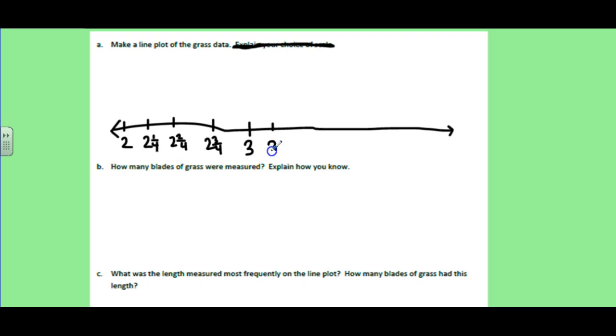Then I've got 3 1/4, 3 2/4, and then I've got 3 3/4, and if you remember when we just looked on the chart, that was the highest one that we saw on the chart, so I'm going to erase some of my line because I'm actually going to stop right there at 3 3/4.